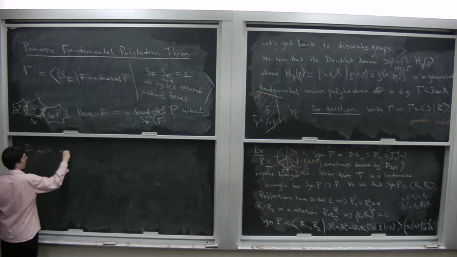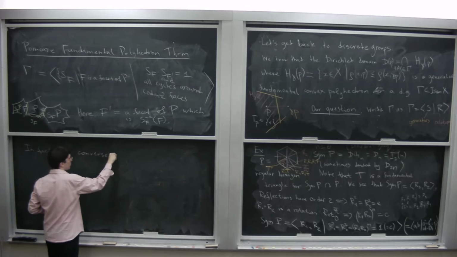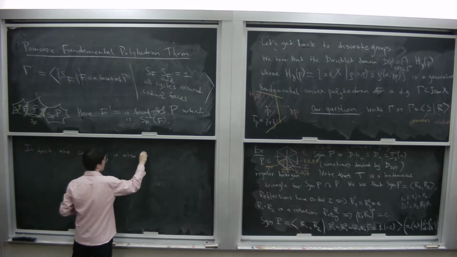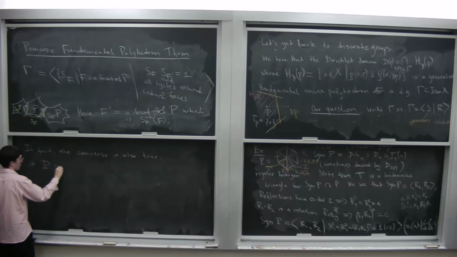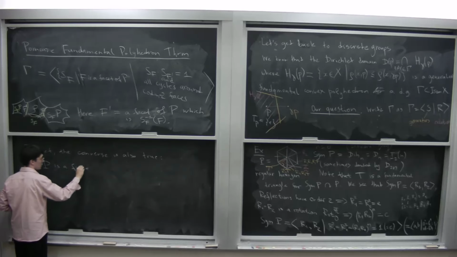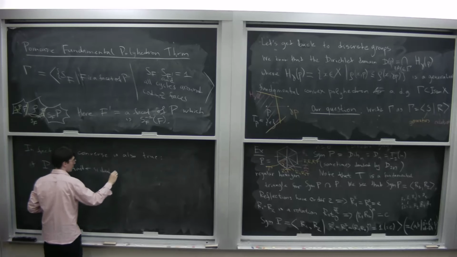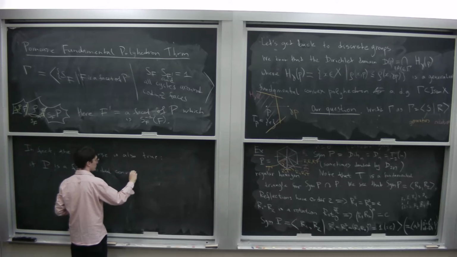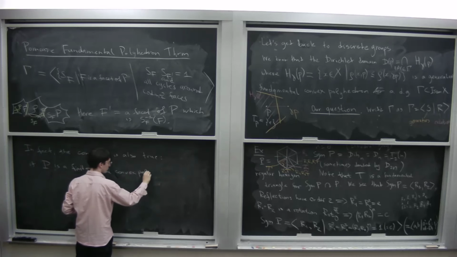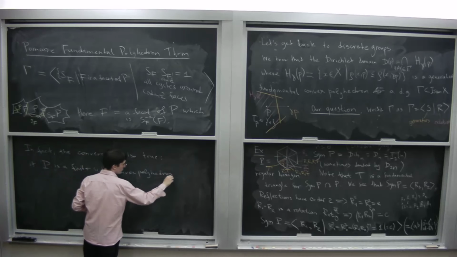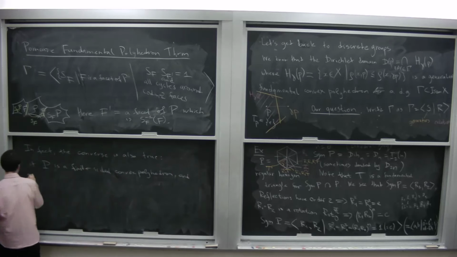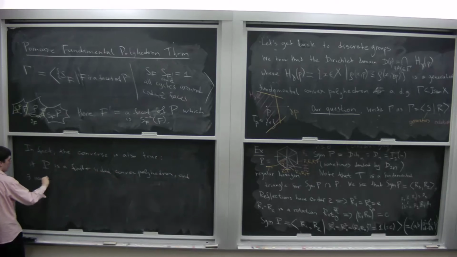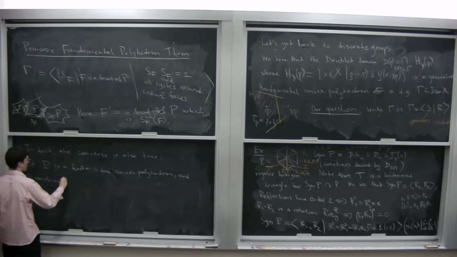in fact the converse is also true if P is a finite-sided convex polyhedron, and there exist isometries S1 and so on, Sn.